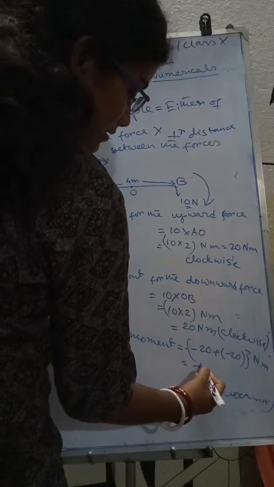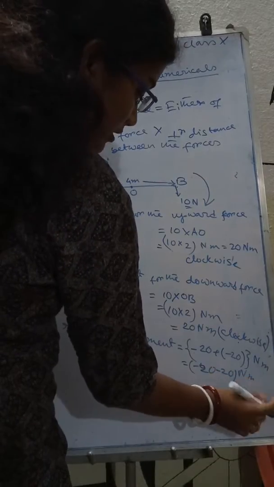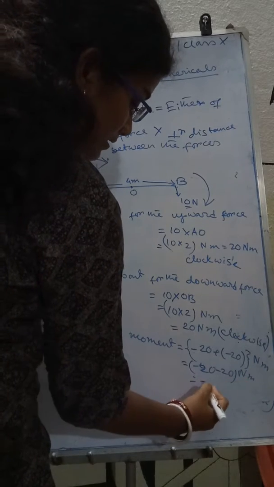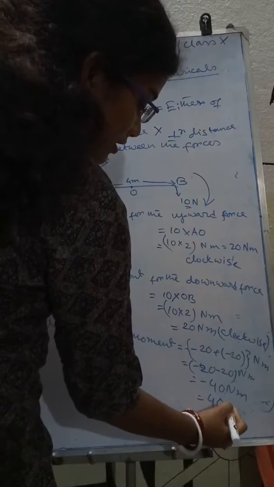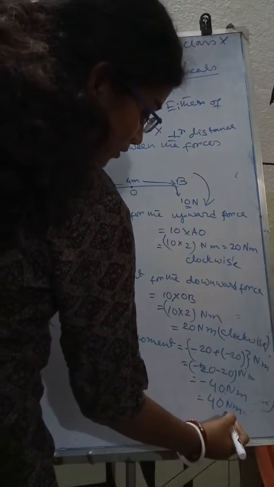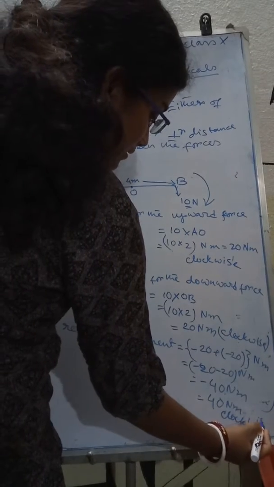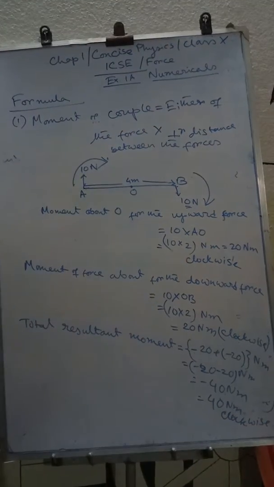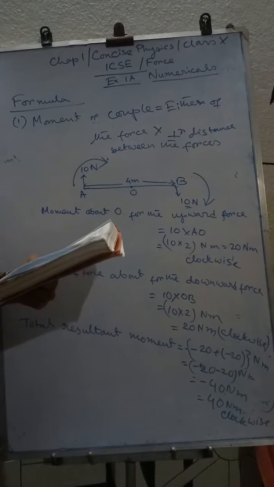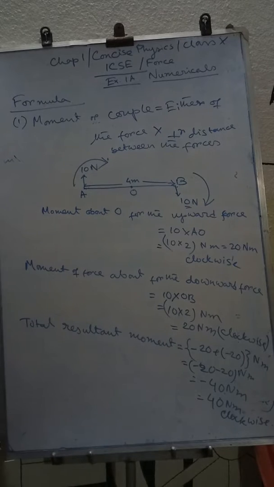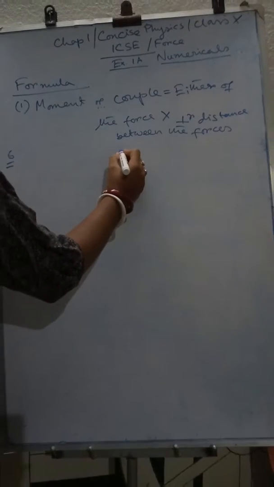So minus 20 minus 20 Newton meter, that is minus 40 Newton meter, or 40 Newton meter. For the minus sign, the direction will be clockwise. Here we got the solution of the number 5 numerical. Number 6 sum.